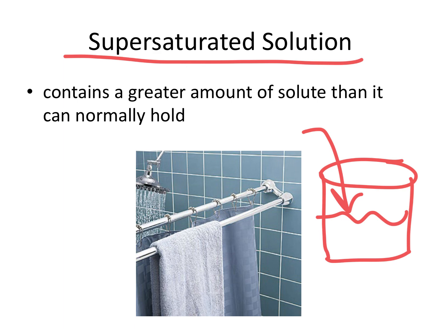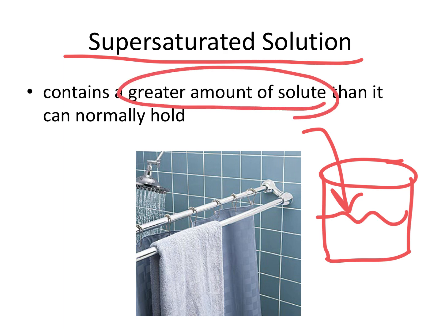Usually, as soon as any little thing changes, you touch it, you move it, you change the temperature at all, a lot of the crystals fall out of solution, kind of like a snow globe. So a solution can be called supersaturated because it's holding more than it should due to the conditions it was under. It's very unstable. But I wanted to make sure you were aware of that term.